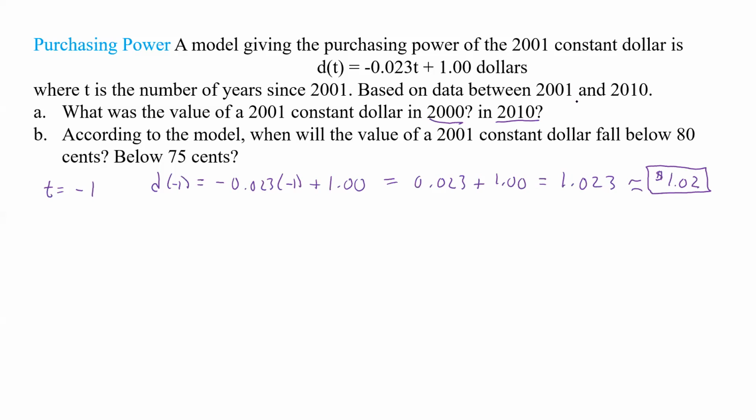Now, what is 2010 from there? Well, 2010 minus 2001 is going to be 9. So t equals 9, and we want d of 9. And so we have negative 0.023 times 9 plus 1.00. Let's go plug that into our calculator.